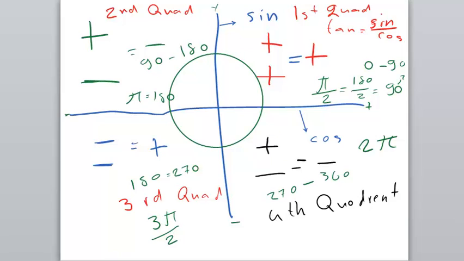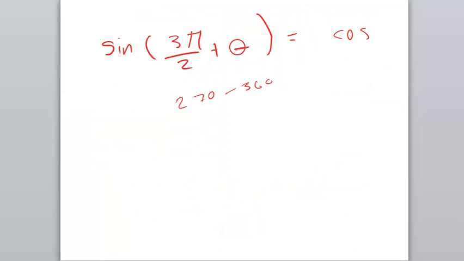As I said, we don't look at cosine, we look at the sign of sine for this one, so it will be a negative sign. And we also should write the angle. Later we will learn why.